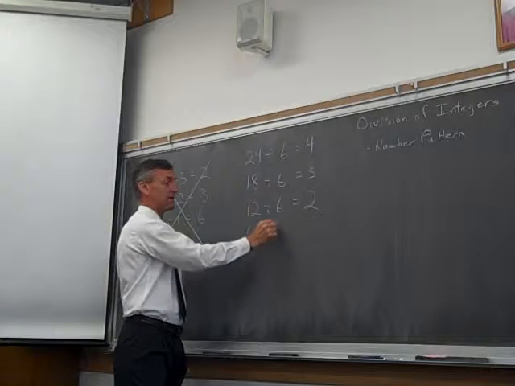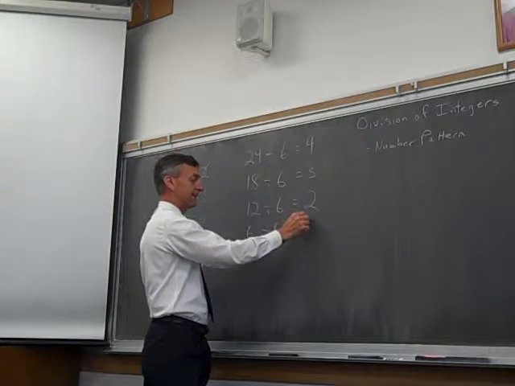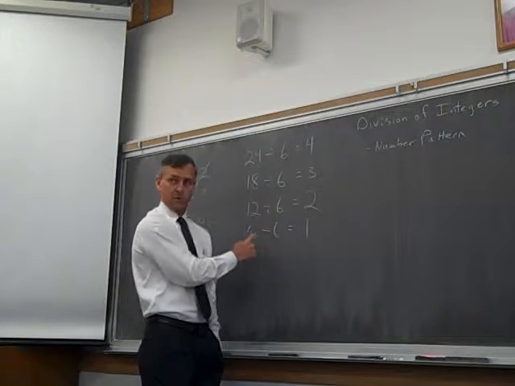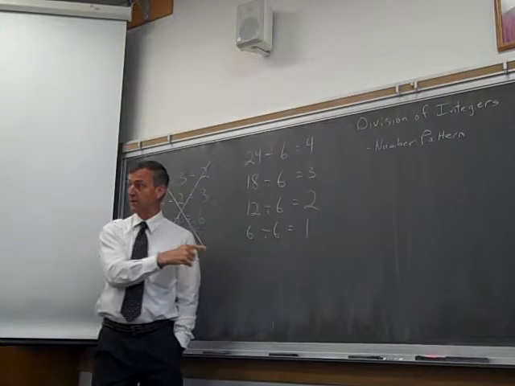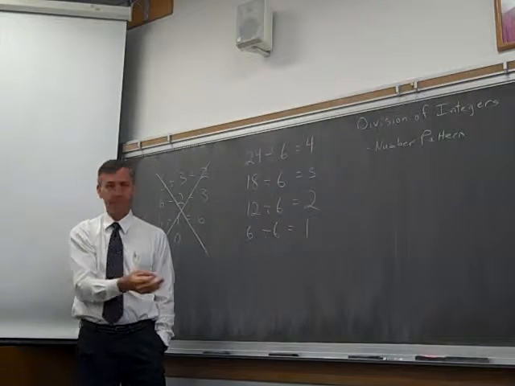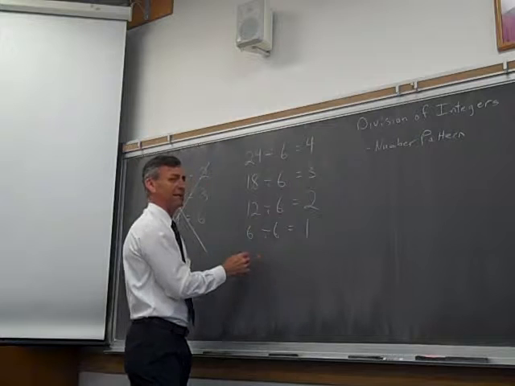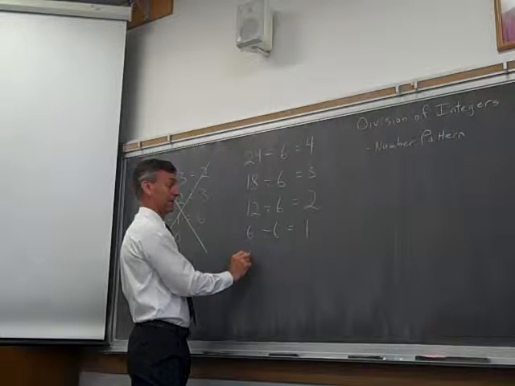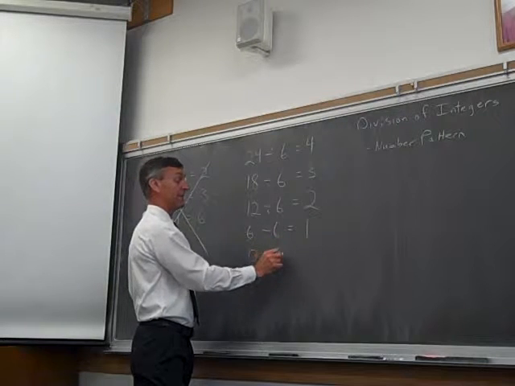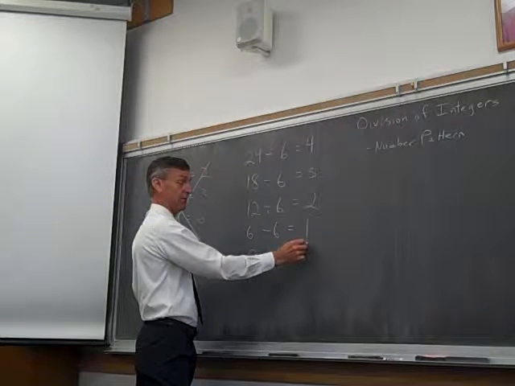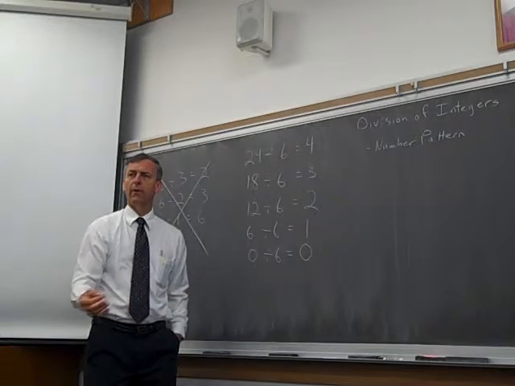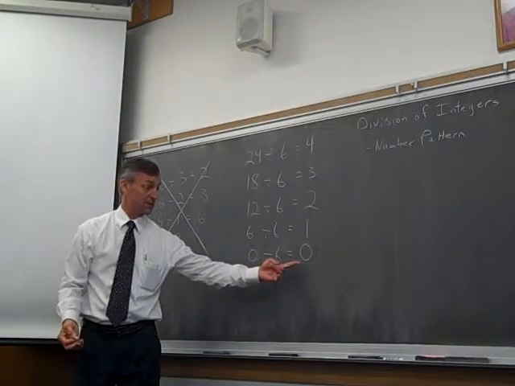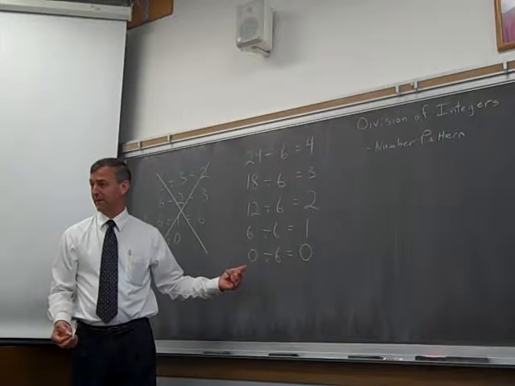This is staying the same. What's the answer? 1. They'll know the answer to this one, right? If you've taught them how to divide whole numbers, they'll know. Then what? 0 divided by 6, and what will the answer be? 0. There's another reason why the answer here is 0, right?